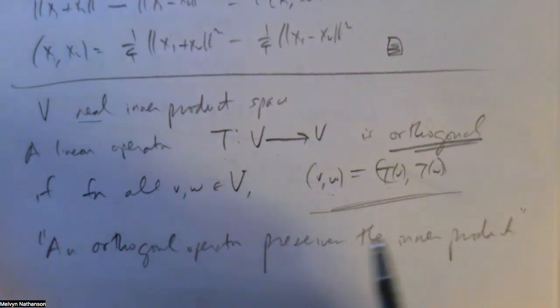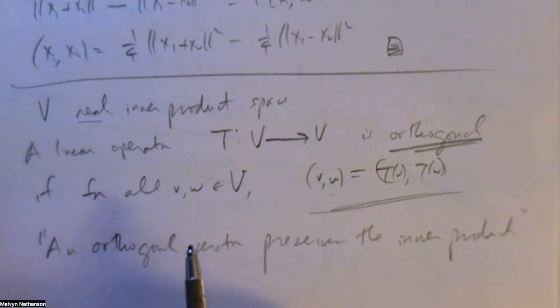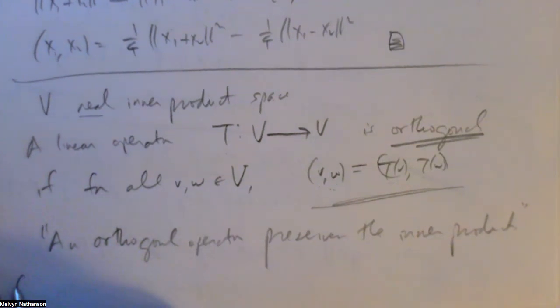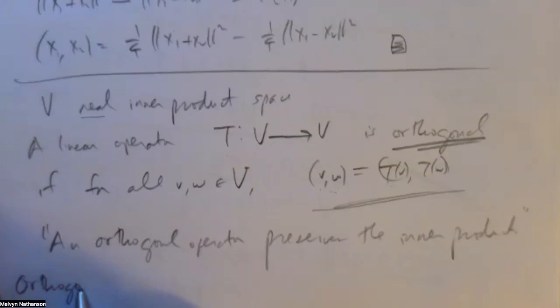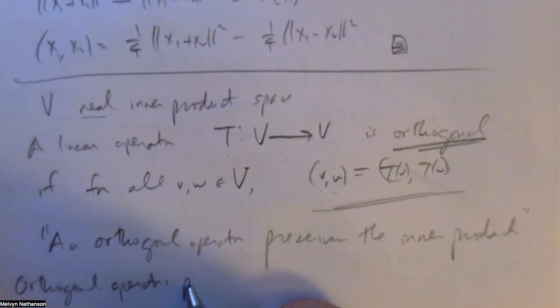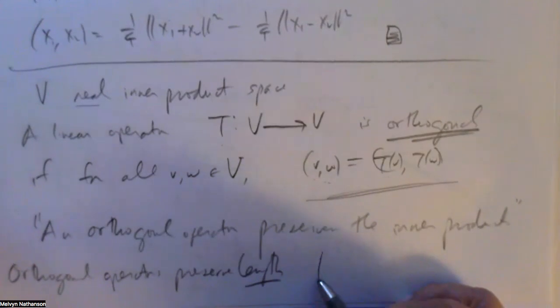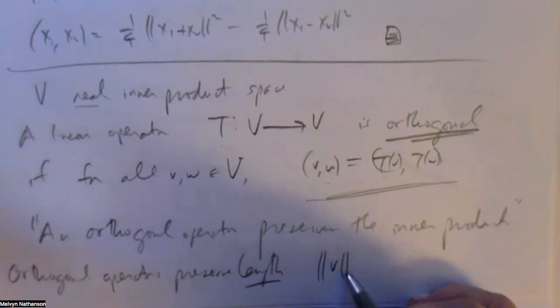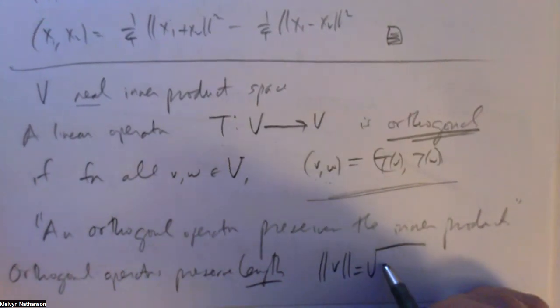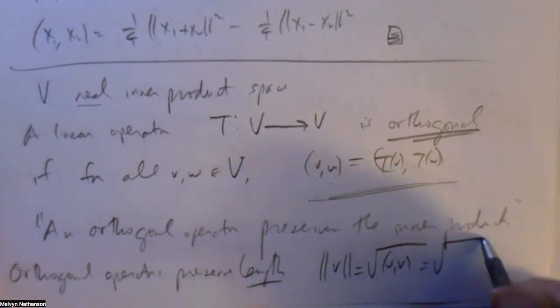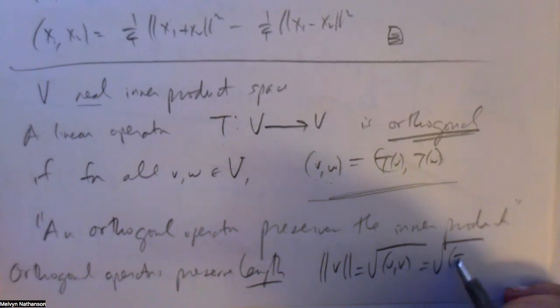Now, an orthogonal operator, if it preserves the inner product, it also preserves the length of a vector, because the length of the vector v is the square root of the inner product of v with itself, which is the square root of the inner product of T of v with itself.